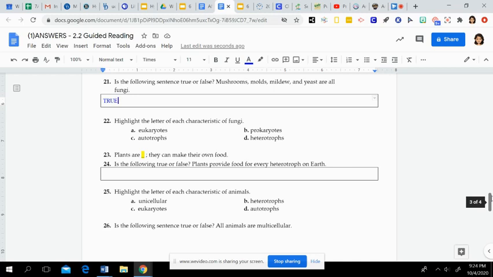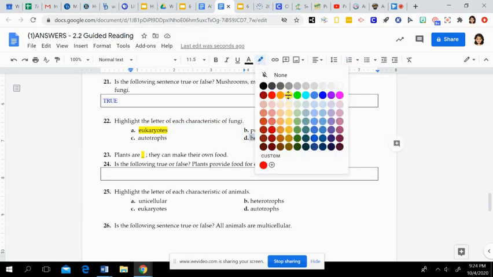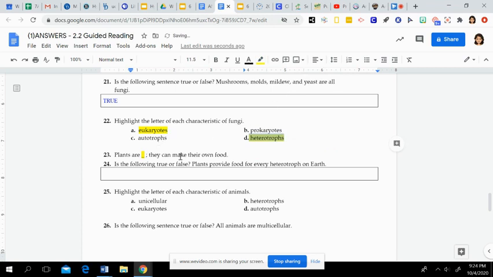Question 22 is to highlight the letter of each characteristic of fungi. All fungi are eukaryotes, meaning they have a nucleus, and they are heterotrophs, meaning they have to obtain their energy from something else.